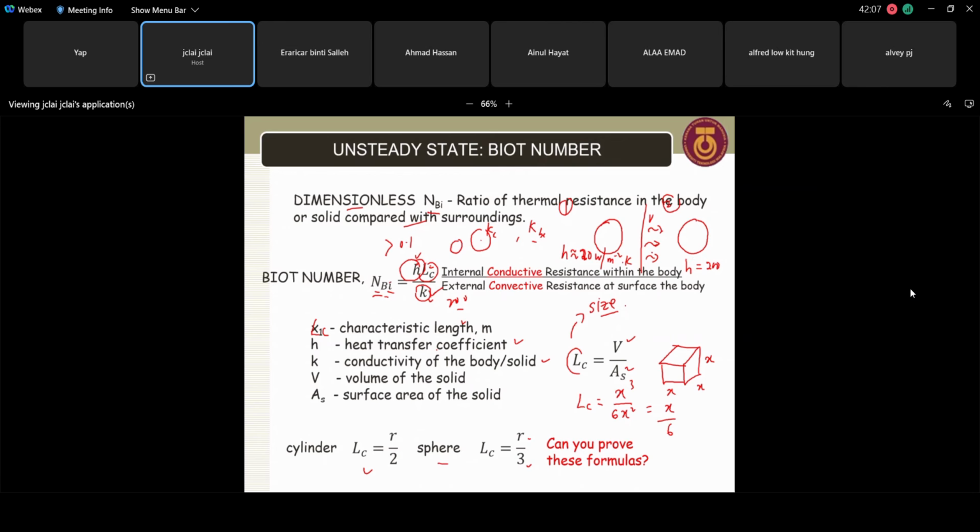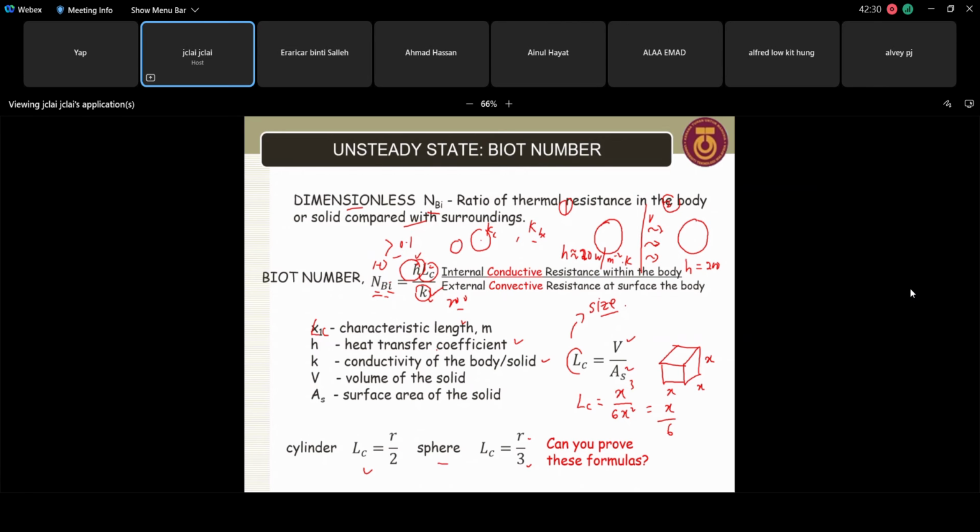So it is 10 times as compared to situation number 1. So what we will see is the value of the Biot number will increase 10 times. So that's why you have a high chance that the higher Biot number will be greater than 0.1.